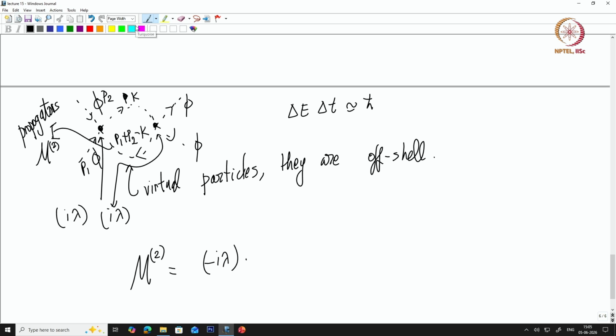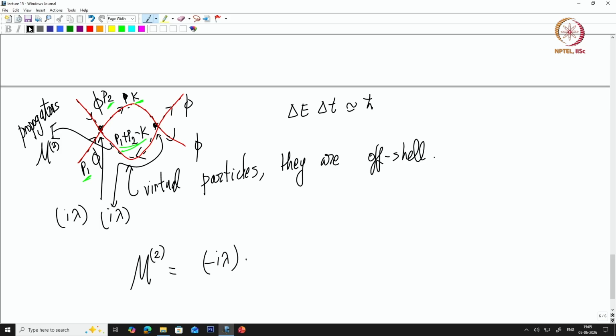Okay, let me change the color for the lines so that things will be clear. So this is your Feynman diagram, and this is your assignment of momenta. You start with the first vertex and the second vertex.